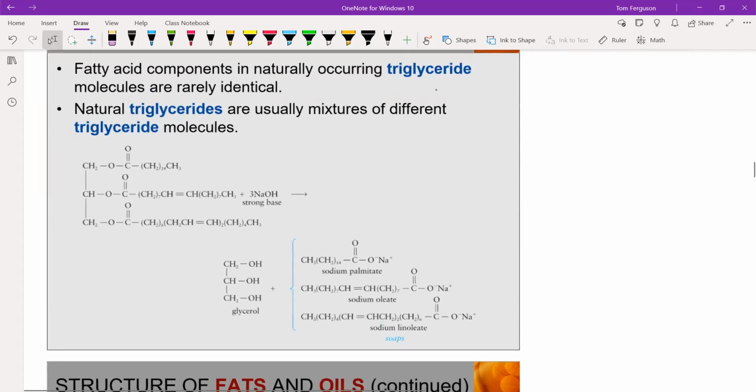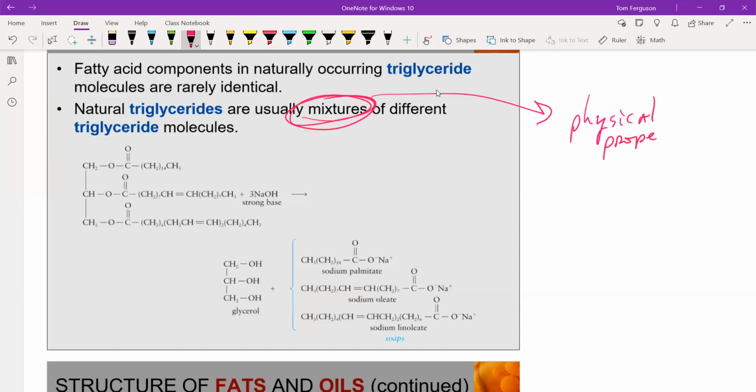I mentioned a minute or so ago that the mixture of the fatty acids on the triglyceride is what determines the physical characteristics of the resulting fat that you make.